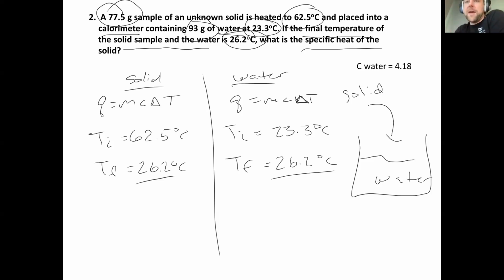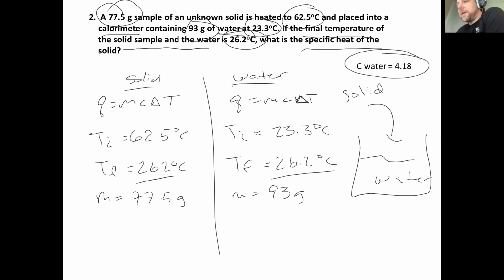We have a mass value of the solid sample, 77.5. And we have a mass of the water. So a lot of this is just organizing the given information. We do have a C value for water, which is 4.18, and this is usually a given value.